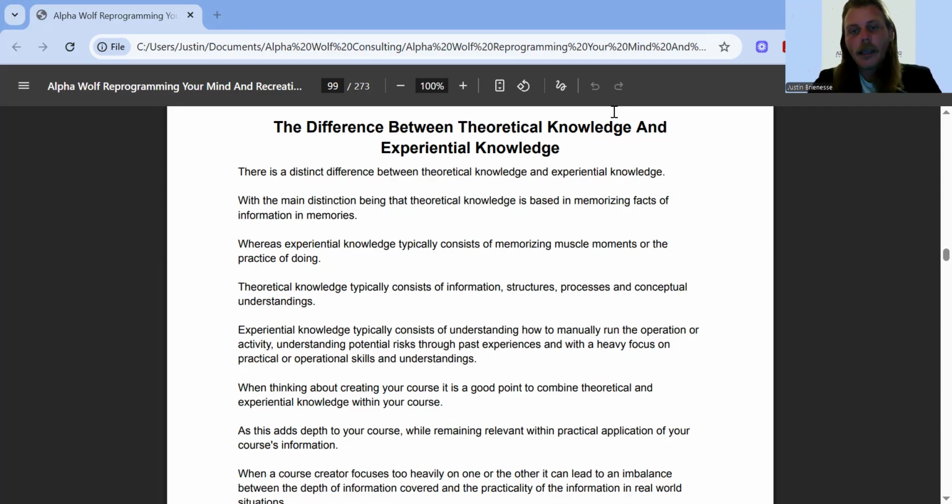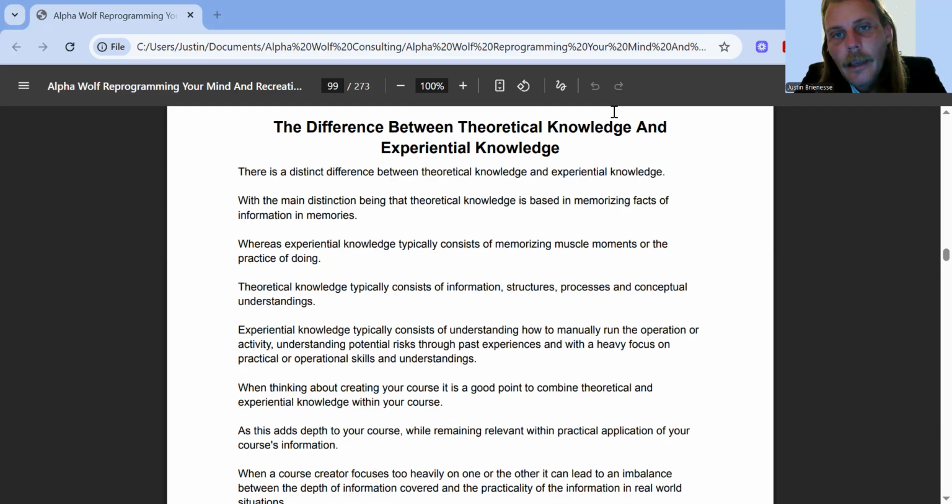So it's very important when we're thinking about this, because what we are trying to do is provide or transfer value through courses to our ideal buyer, i.e., our students or our customers, or to our staff.